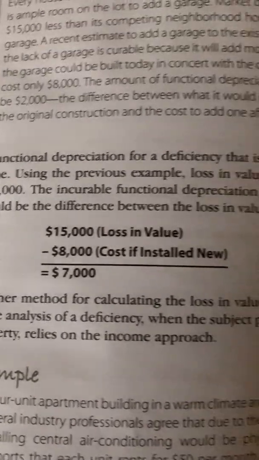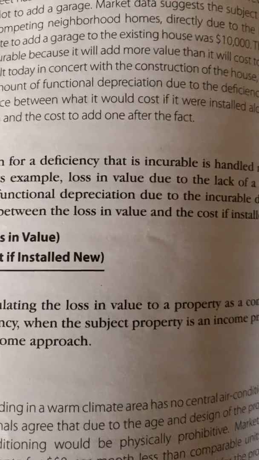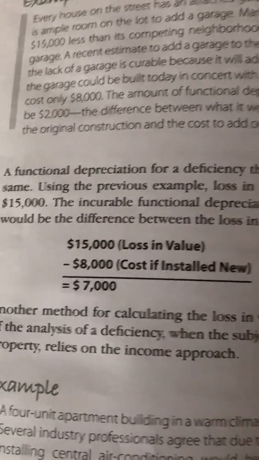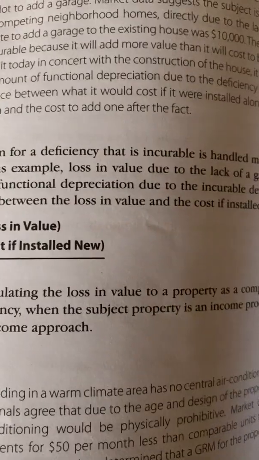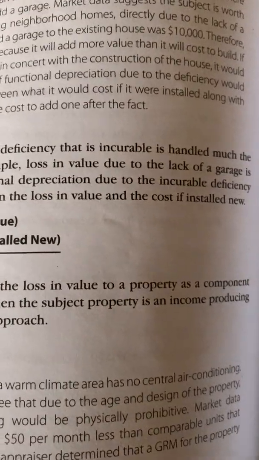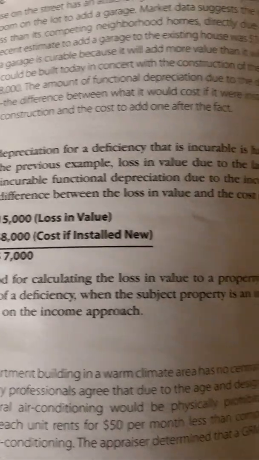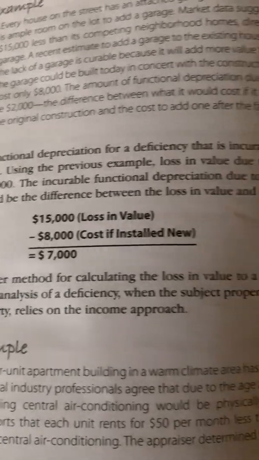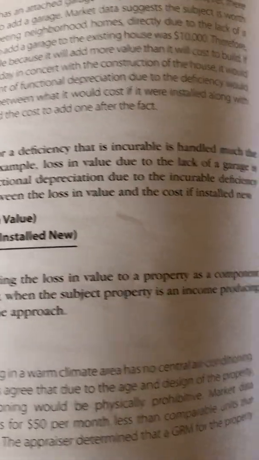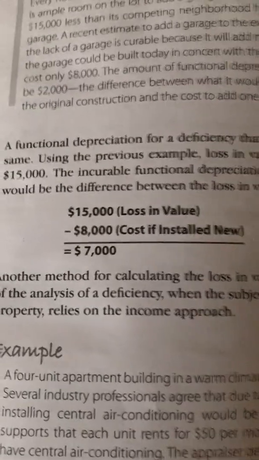A functional depreciation for a deficiency that is incurable is handled much the same. Using the previous example, loss in value due to the lack of a garage is $15,000. The incurable functional depreciation due to the incurable deficiency would be the difference between the loss in value and the cost if installed new.